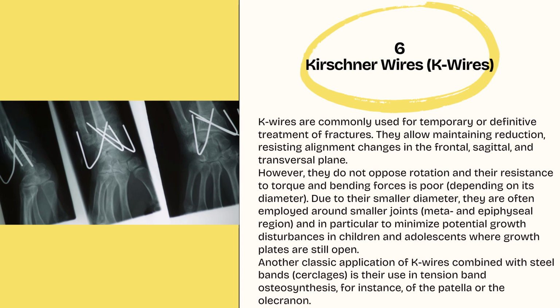K-wires have smaller diameters, so they are often employed around smaller joints, such as the meta and epiphysis region, and in particular to minimize potential growth disturbance in children and adolescents where growth plates are still open.